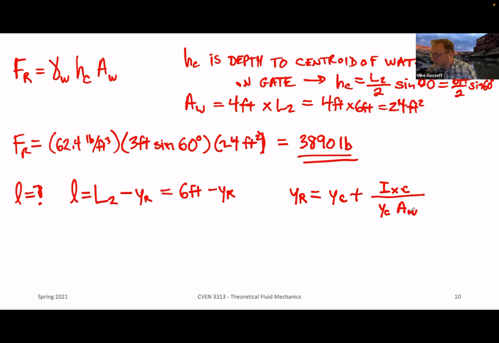We still are not considering the full area of the 8 foot long gate, only the interaction of the fluid with it, so 6 foot long by 4 foot wide.